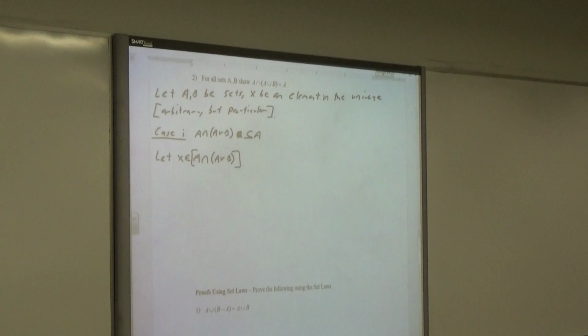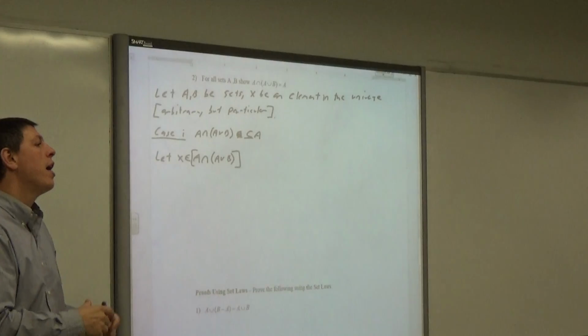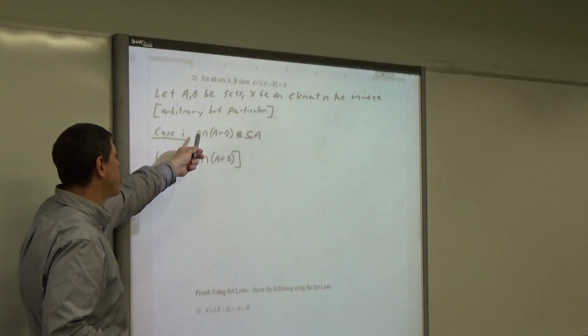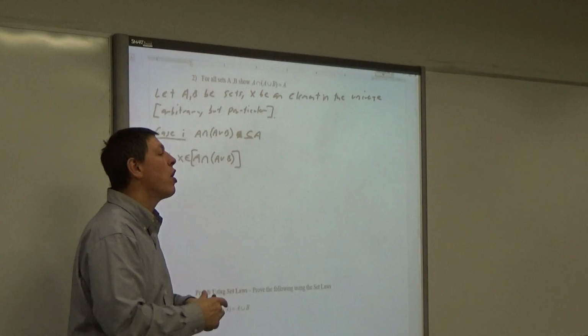Correct. Or were you talking about saying A and A or A and B? We can't do that yet, we haven't proven that. If we did, then yeah, we could. James, I like your idea. Let's use the procedural definitions. First thing you do is say X is an element of the left side, then you always use your procedural definitions. It's the only way we can go with this.